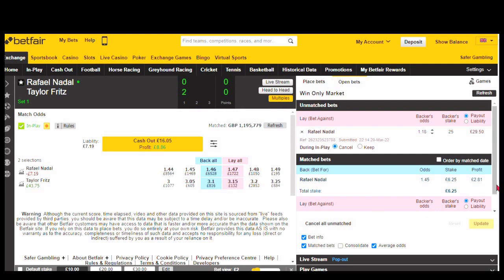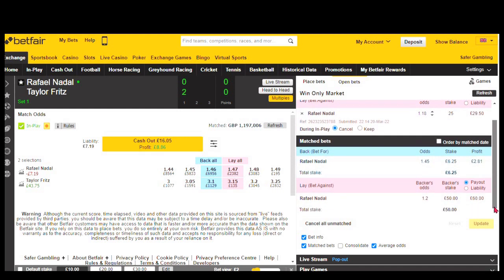So on the screen on the right hand side, you can see I still have my £25 stake on Nadal for 1.18. I've still got that there, but more importantly, under my matched bets, you can see what I've got. I've taken out some of my liability. We'll talk more about that later, but let me know what you would be doing in this situation.